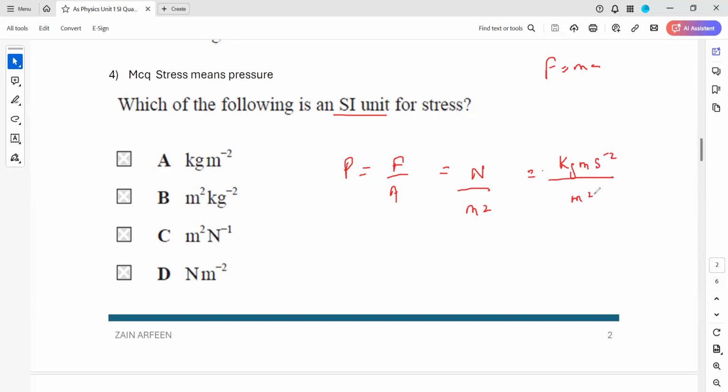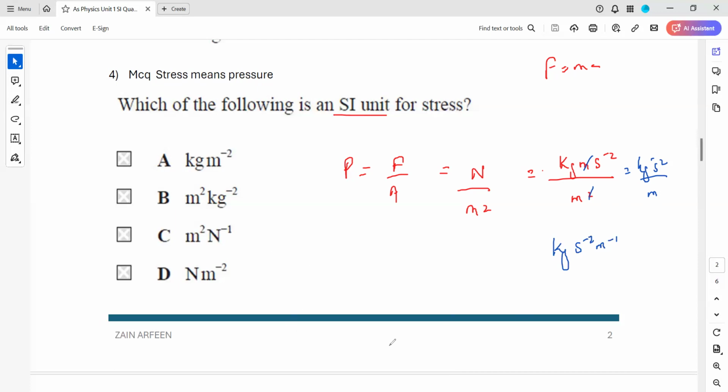And this will be over meter square. When we check, this cancels with this. So this will become kilogram second minus 2 over meter. When we further simplify, it should be kilogram second minus 2 meter minus 1.